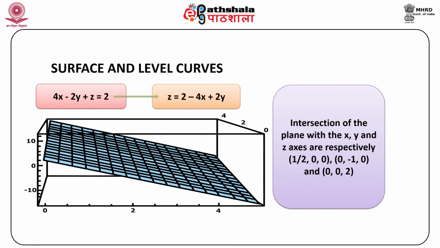Given equation can be written as z is equal to 2 minus 4x plus 2y. The points of intersection of the plane with x, y and z axes are respectively (1/2, 0, 0), (0, -1, 0) and (0, 0, 2).